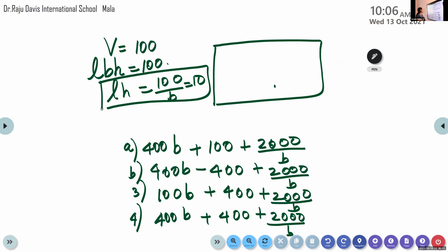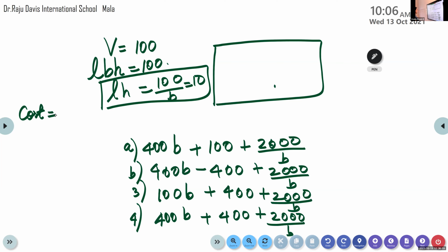Length into height is equal to 10. Now, what will be the cost? How will you find the cost? What is given for the base? For the base, the construction cost is rupees 20, isn't it?